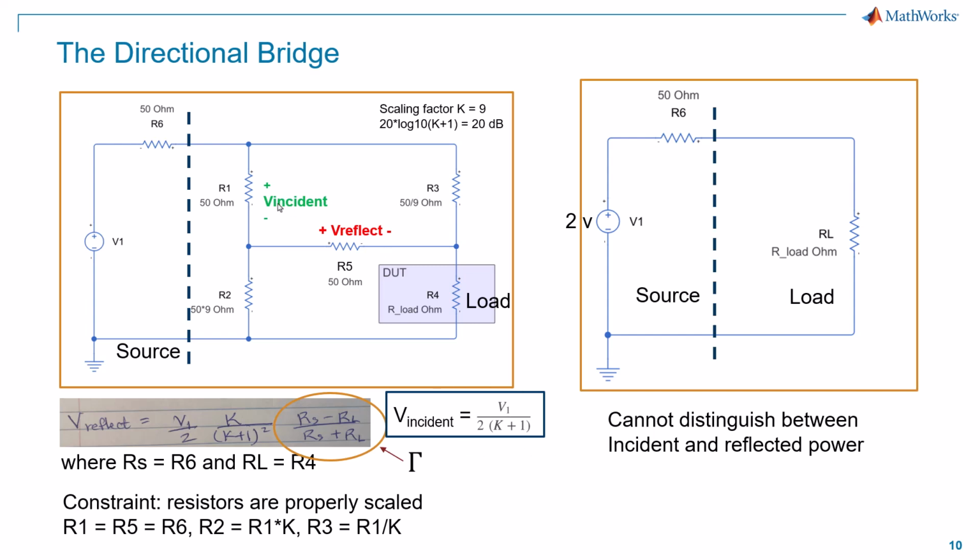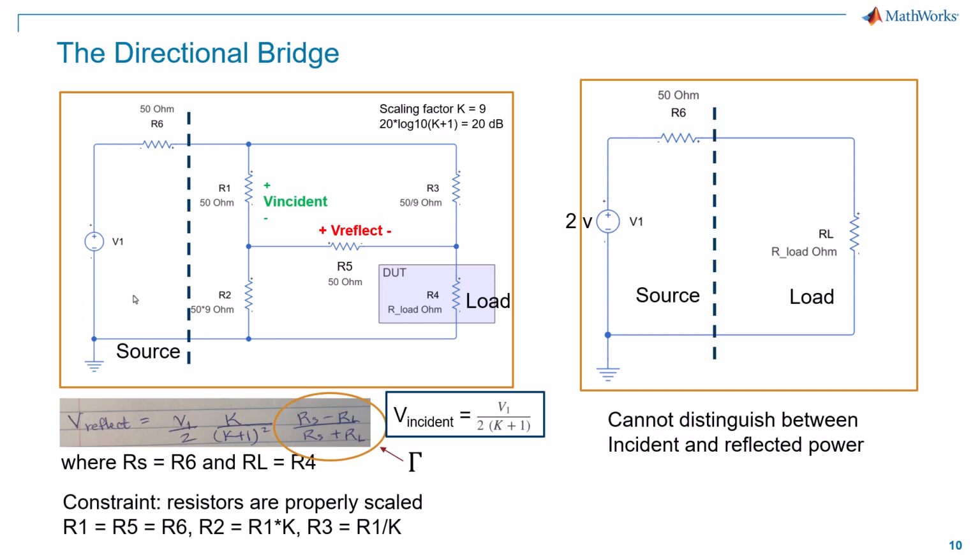You would have to take the voltage you measure here and multiply it by 10 essentially to get the bridgeless voltage use case. And likewise with V reflect, it's a scaled version of the voltage that we're actually measuring across R5.